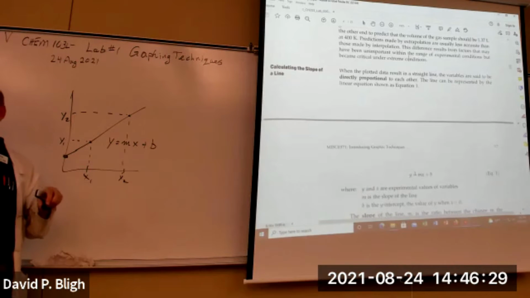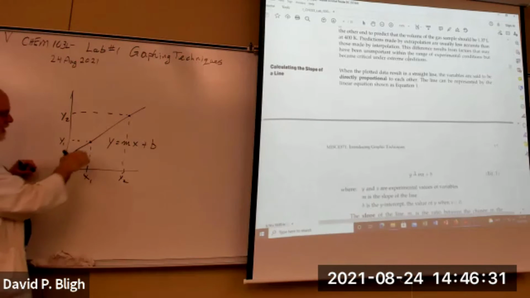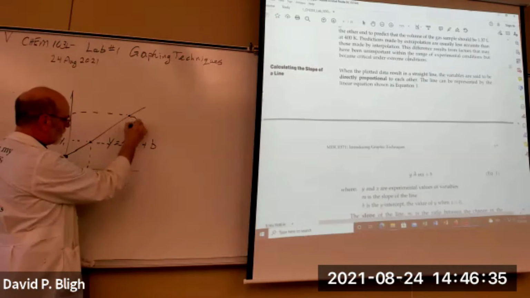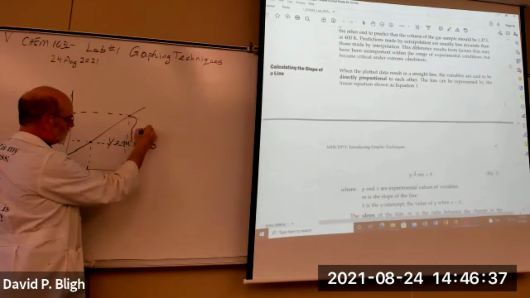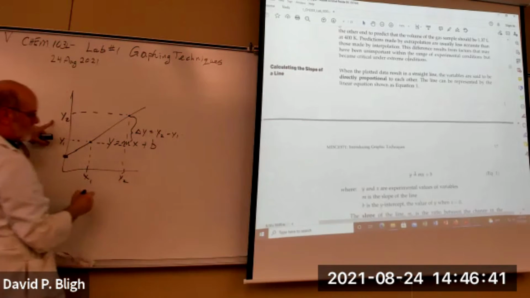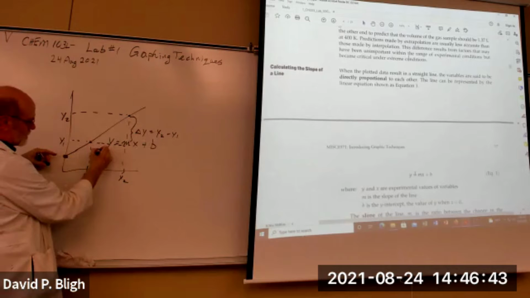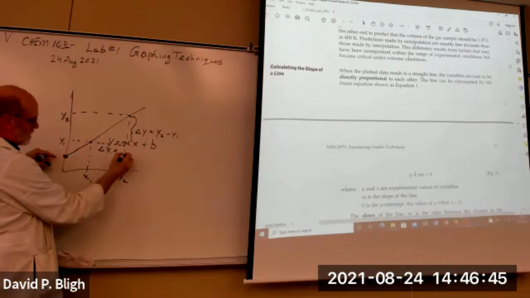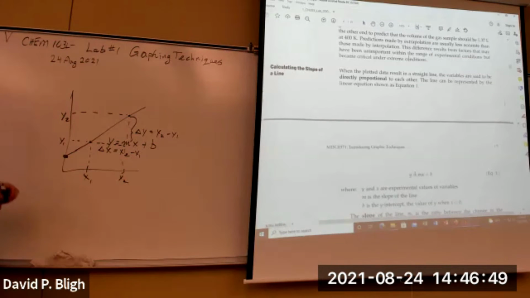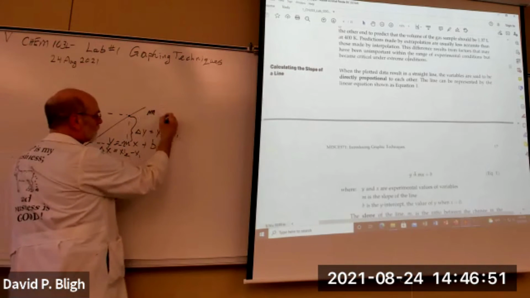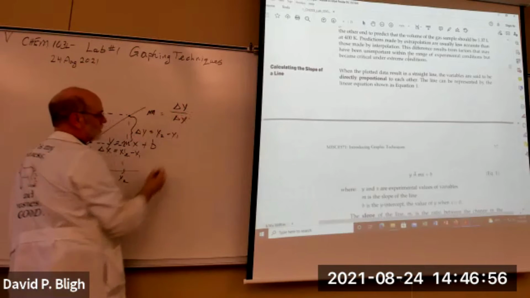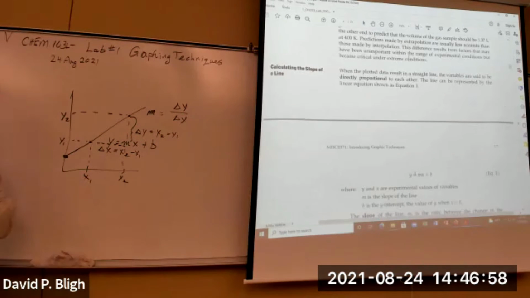I always think rise over run. So the rise is the y distance, and that's y2 minus y1. And then the run is the x distance. It's just x2 minus x1. So the slope, m, is equal to the change in y divided by the change in x. That's the slope of the line.